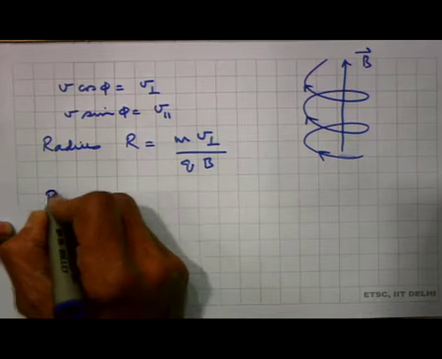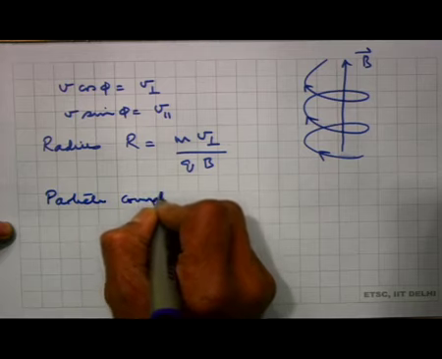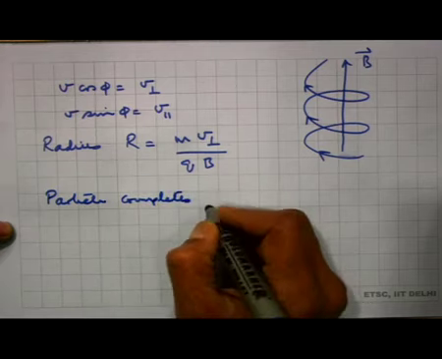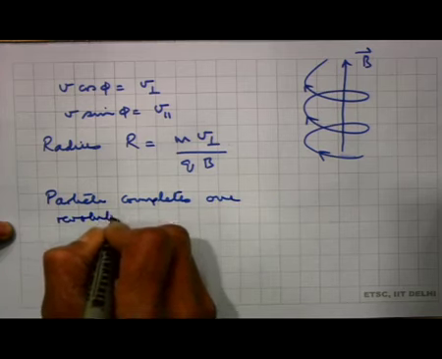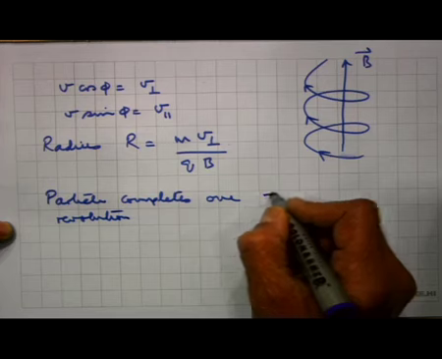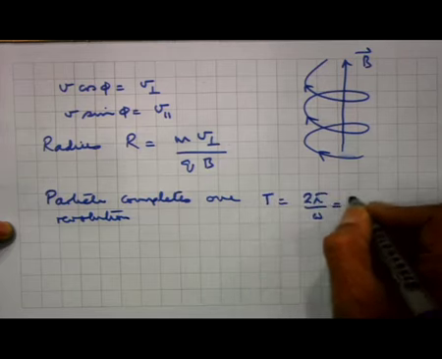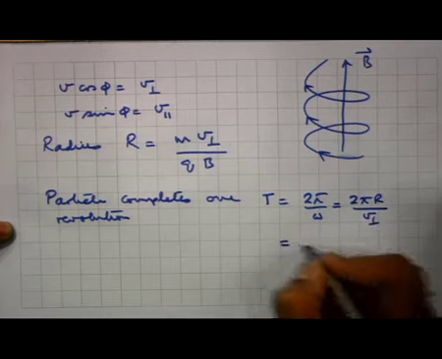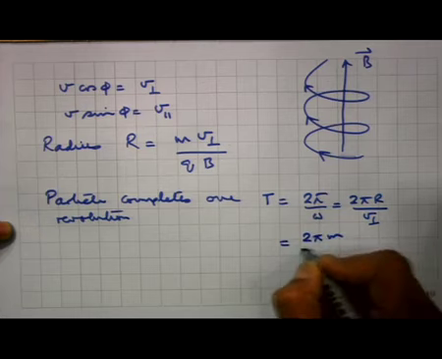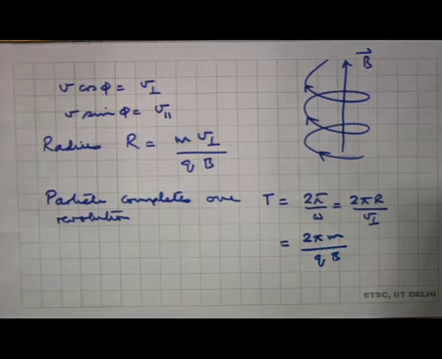Now the particle completes one revolution in a time T given by 2 pi by angular velocity, which is 2 pi r by v perpendicular, which is equal to 2 pi m by q times B. This is the inverse of the cyclotron frequency.